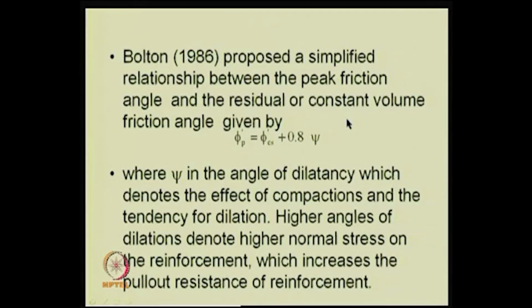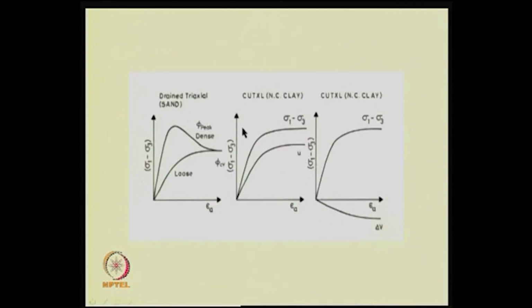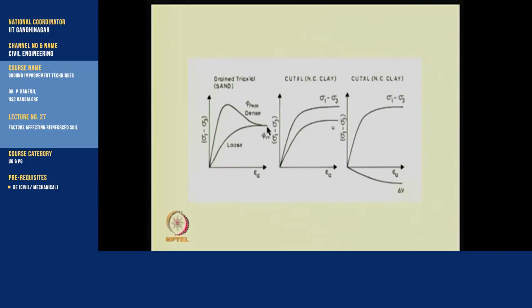there is always a question: how is the peak angle related to the constant volume friction angle? I am sure you are aware of these three terms. For example, when you do a direct shear test or a triaxial test, you will get the friction angle using peak values and using residual values, and there is what is called the angle of dilatancy.